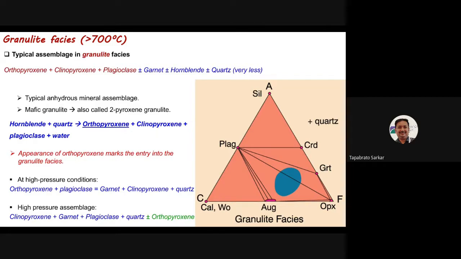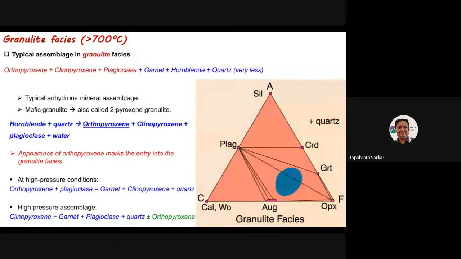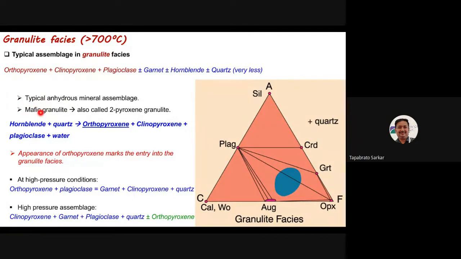The typical mineral assemblage we see is orthopyroxene plus clinopyroxene plus plagioclase, and this is a typical anhydrous assemblage. There is no mineral anymore which contains water. This rock is called a mafic granulite. So it's a mafic bulk composition, and within the granulite facies, the name of this rock is a mafic granulite.